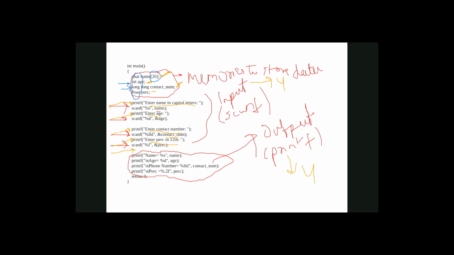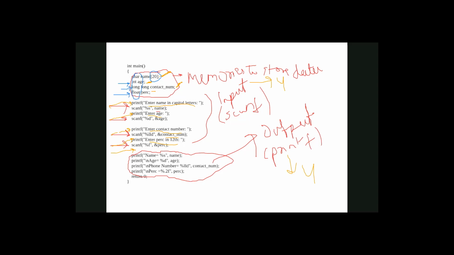And for percentage, I require a decimal memory. So which memory is used for percentage? Okay, decimal. Float is the memory which is used for storing the decimal values.